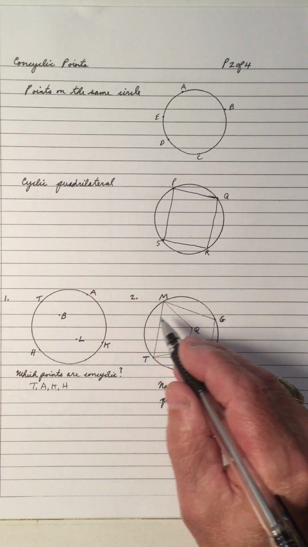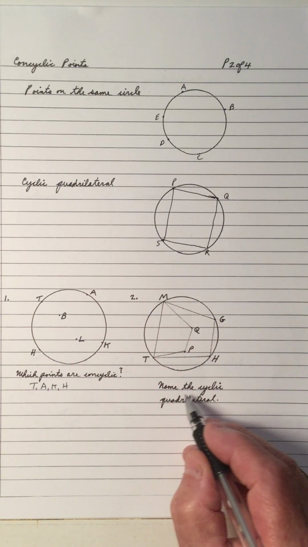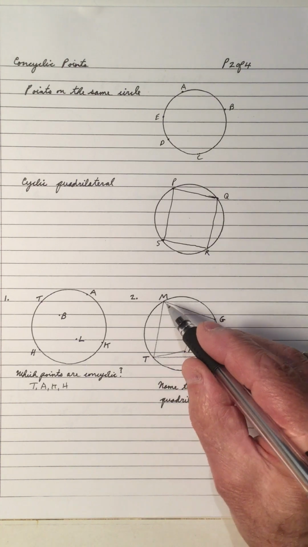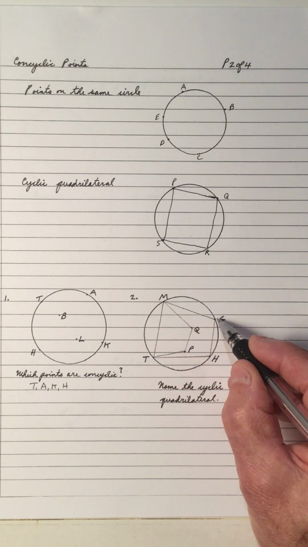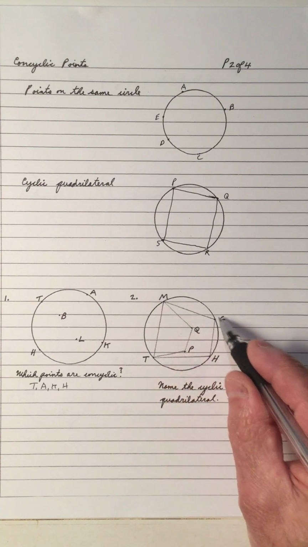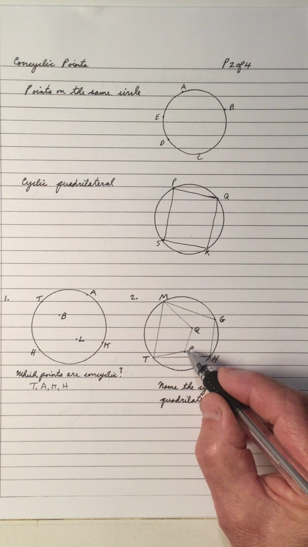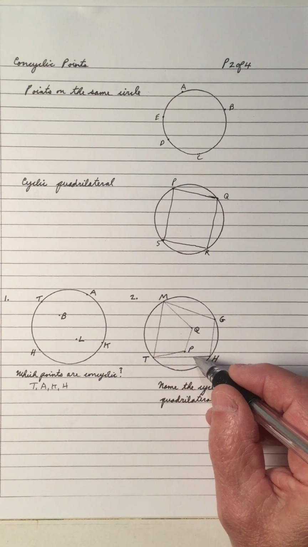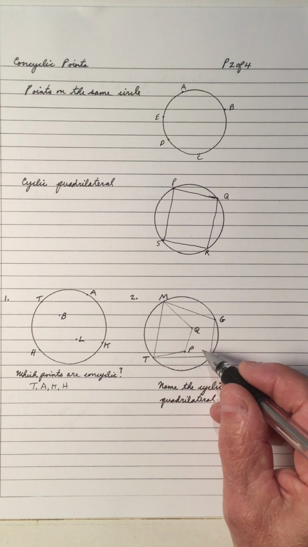Number 2, we have another diagram. Name a cyclic quadrilateral. So we notice that MGHT is a quadrilateral. MQPT is also a quadrilateral because a quadrilateral is made up of 4 sides.